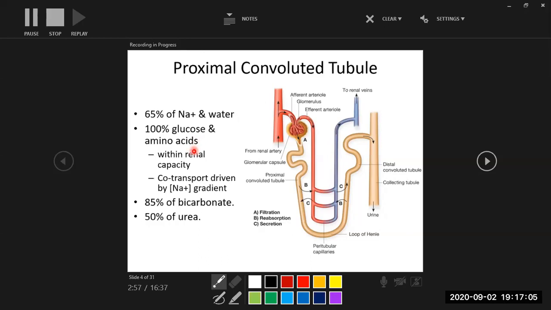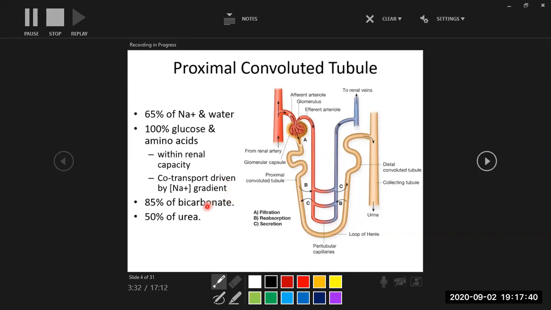Basically we reabsorb them within the renal capacity, meaning that if our blood has too much glucose, it will reach the maximal capacity and you will see some glucose in the collected urine. That's what happens to the diabetes patient. But in general people, we will not see that. We will have glucose 100% reabsorbed.